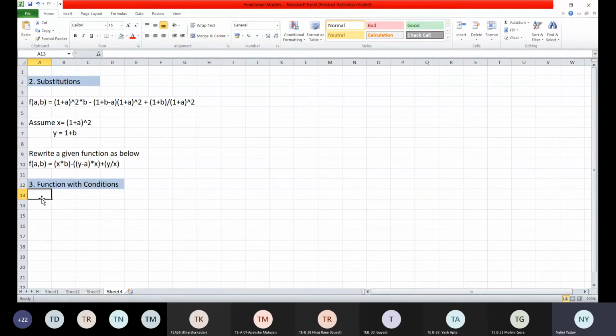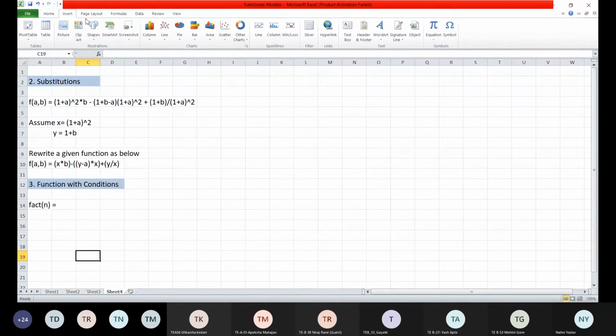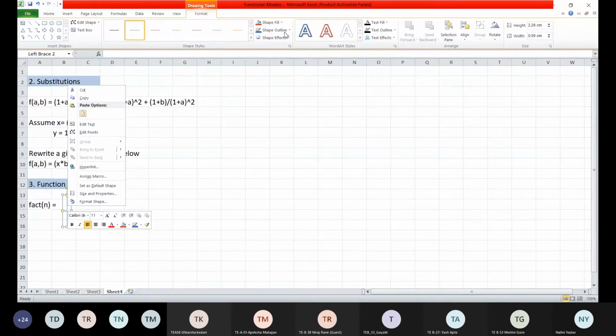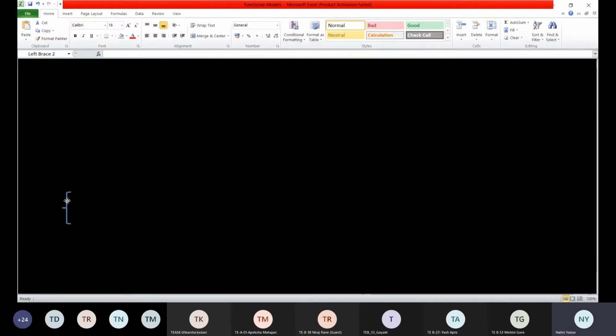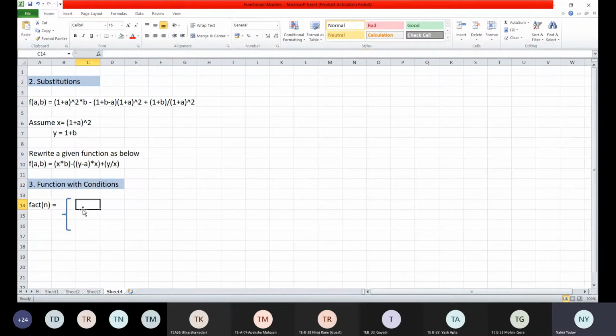I want to represent this function with a mathematical model. Now, how do we represent this factorial function in a mathematical model? So I will say fact of n is equal to, see how you define your factorial function.